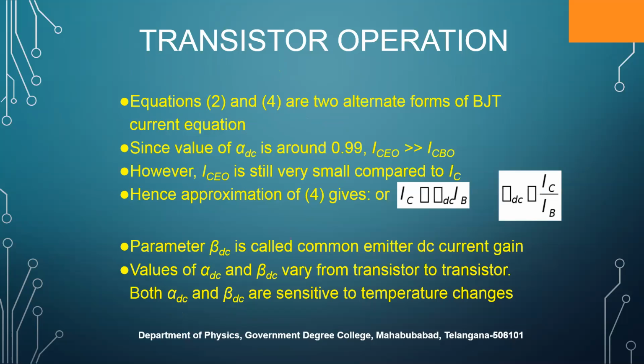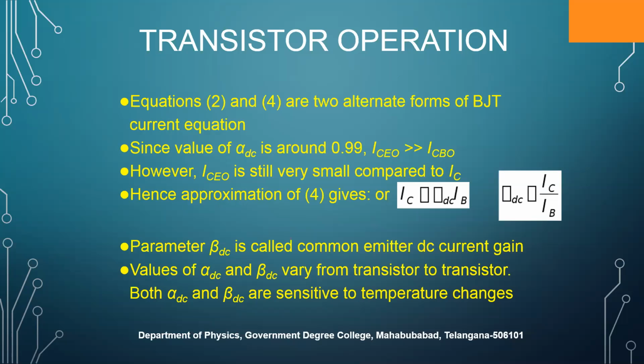In common emitter configuration, the thermally generated current, that is ICEO, will be very, very greater than ICBO, the thermally generated current in common base configuration. However, ICEO is still very small when compared to IC.